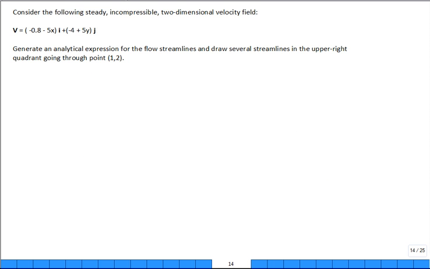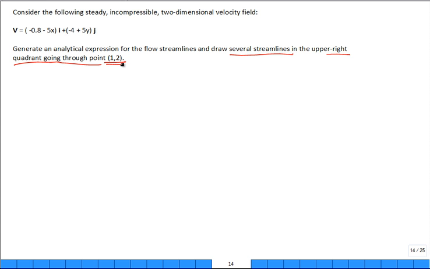Consider the following steady, incompressible, two-dimensional velocity field given. Hey, is that our same old friend? Are we ever going to leave this one velocity field? Generate an analytic expression for the flow streamlines and draw several streamlines in the upper right quadrant of an XY plot.